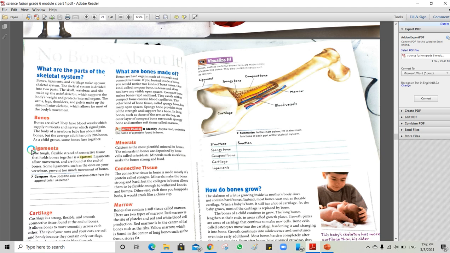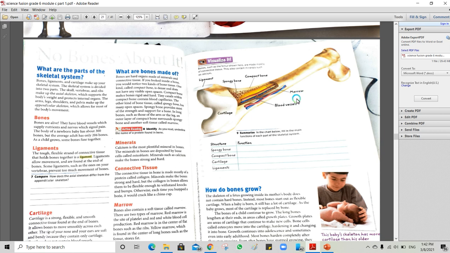So the tough, flexible connective tissue that holds bones together is called what? Ligaments. Okay? Perfect. See, here is the ligament. This is the ligament. These are blood vessels.